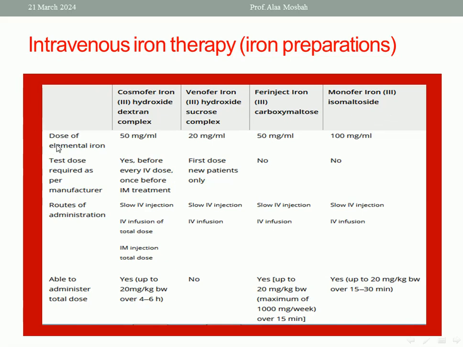As a dose of elemental iron: for dextran 50 mg per milli, for sucrose 20 mg per milli, for carboxymaltose 50 mg per milli, for isomaltoside 100 mg per milli. Test dose required as per manufacturer.